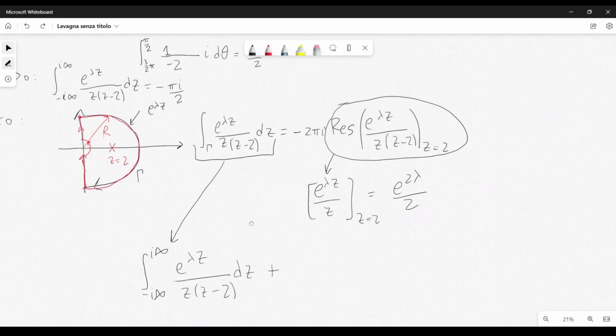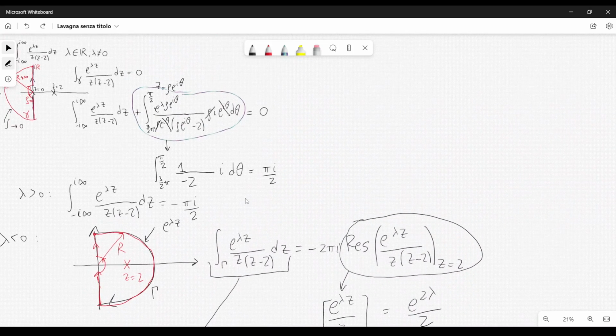But in this case, it is exactly the same as above, there is just one difference. The only difference is that we have to integrate counterclockwise because we are going from this point to this point here.